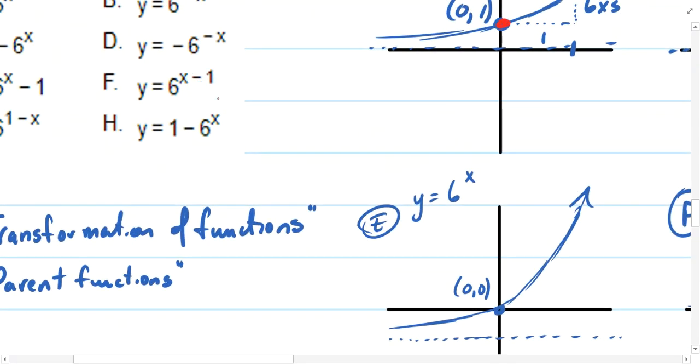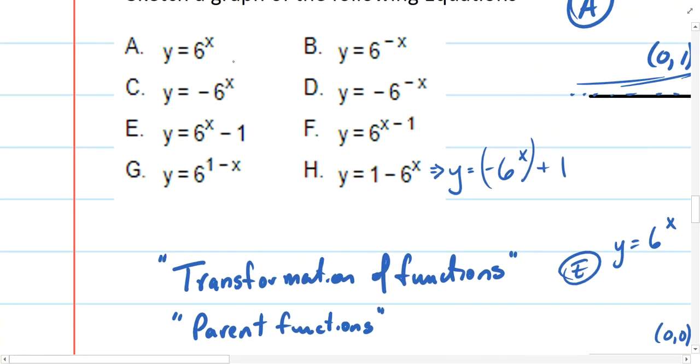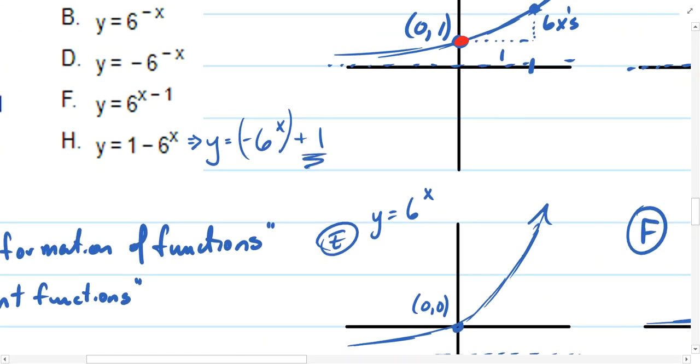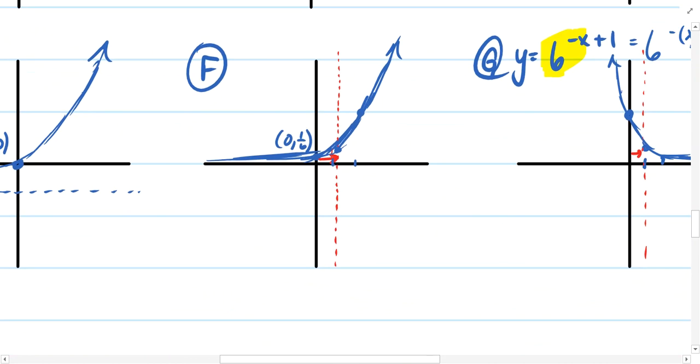Now lastly, part H. I'll again rewrite this because it's not quite in the same format that we saw before. Let's call this y equals negative 6 to the x power plus 1. And now you'll recognize that negative 6 to the x power, well, we saw that back here in part C. So the general shape of the graph matches part C. And we also have a b value that offsets this graph.